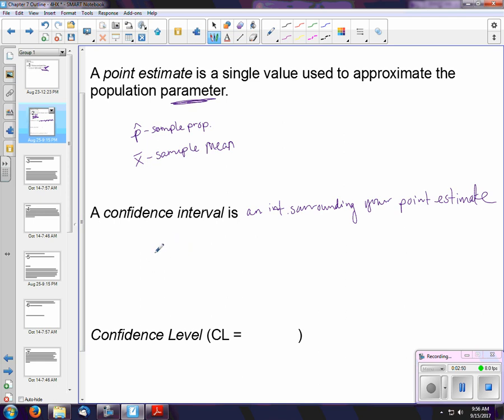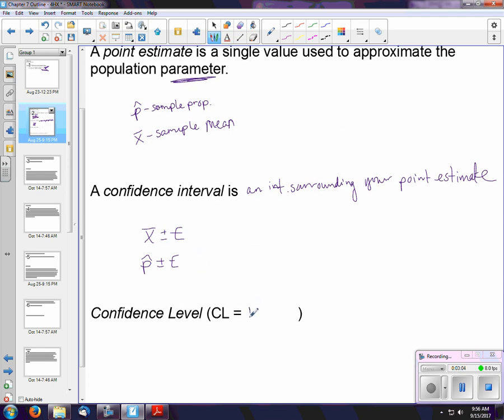So it's defined as your point estimate plus or minus the margin of error, regardless of which one it is. And the margin of error is defined by a formula. The confidence level is given by 1 minus alpha, which in chapter 8 we'll learn that alpha is referred to as a critical value or critical amount. So stay tuned for that. We'll spend more time talking about that in chapter 8. Alpha in general is the significance level of some kind.